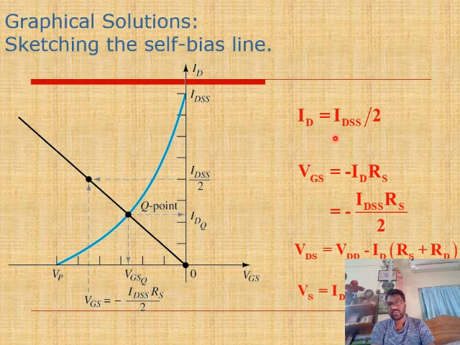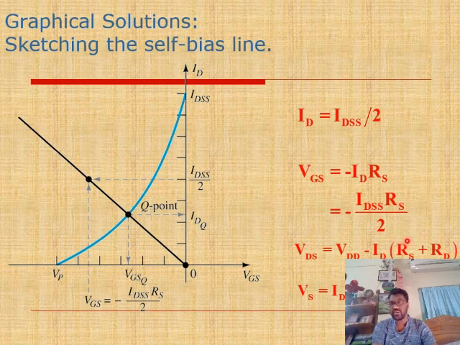Okay, so these are some equations. ID equal to IDSS by 2, that we have already discussed. VGS equal to minus ID into RS, we have also discussed this one. If we replace ID by IDSS by 2, it will be minus IDSS into RS divided by 2. Now in the right side of the circuit, VDS equal to VDD minus ID into RS plus RD.